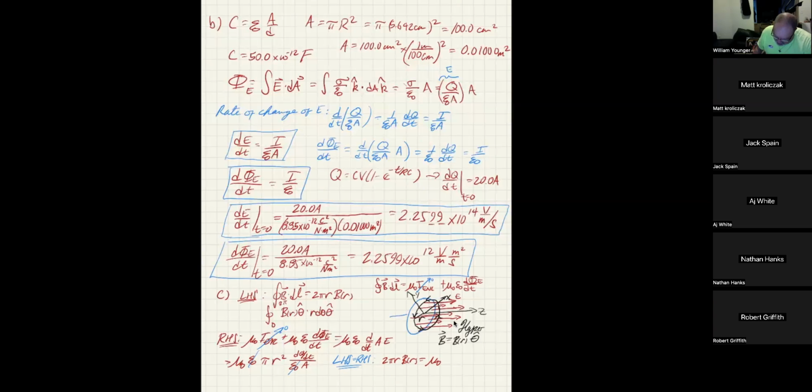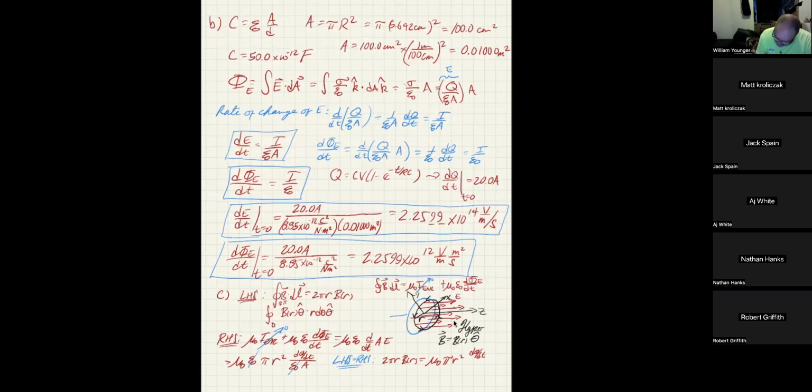Okay, yeah, that A has to be the whole A. Sorry, I was just working that out in my head to make sure. So anyways, this is going to be times pi r squared times dq dt, which we can call I if we wanted. I think I'll go ahead and call it I, and I'll leave it as dq dt.